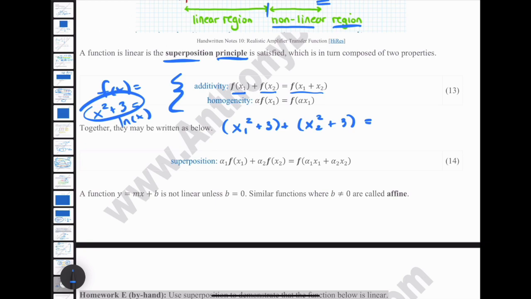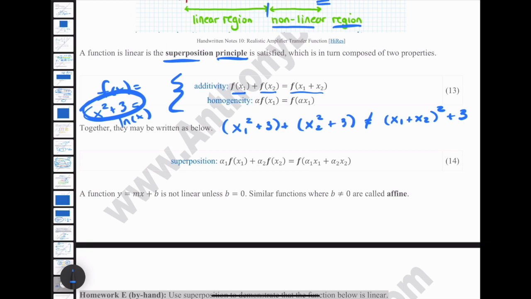Does that equal x1 plus x2 squared plus 3? No, it does not. And so that is not a linear function. It doesn't need to violate both of them in order to be nonlinear. It only needs to violate one of them.